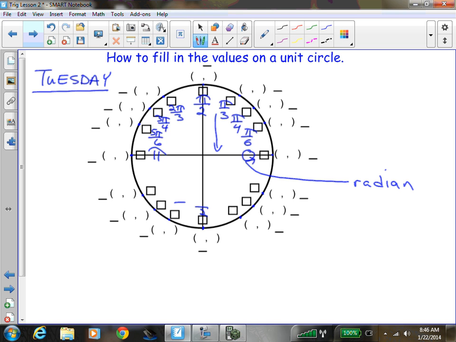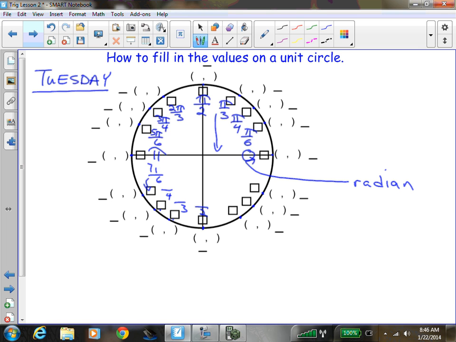Now let's work down here in the third quadrant. Remember that the farther we go from the bottom or the top, the bigger the number becomes. So this is the fraction that goes with this one, this is the fraction that goes here, and this is the fraction that goes with this one. This is going to have a 3, a 4, and a 6 in it. What's true about the numerators in the third quadrant? It's the denominator plus 1.